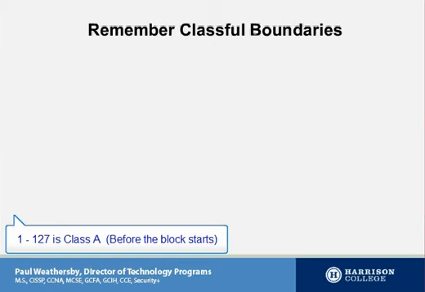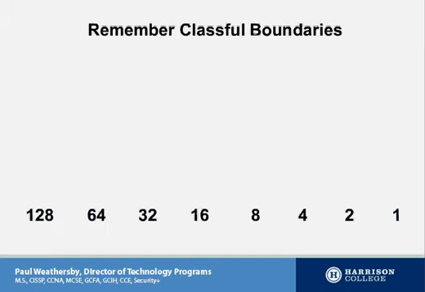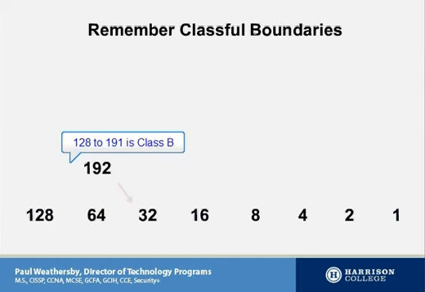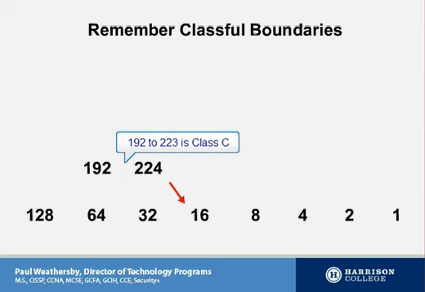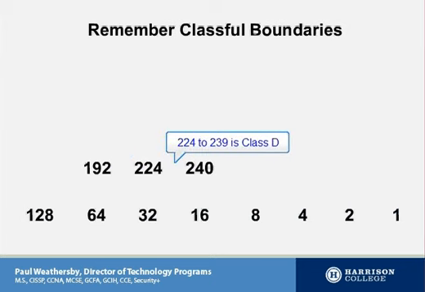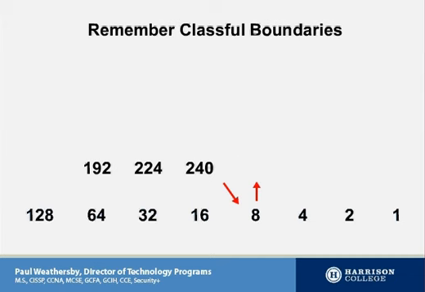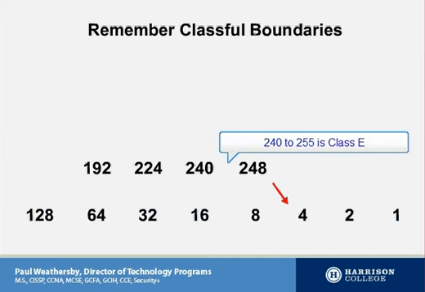If we take a look at our block and we add across from left to right, we would have 128 added to 64 equals 192. 192 plus 32 equals 224. 224 plus 16 equals 240. 240 plus 8 equals 248. 248 plus 4 equals 252. 252 plus 2 equals 254. And 254 plus 1 equals 255.